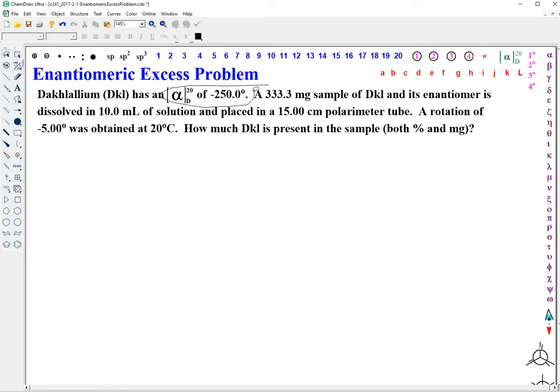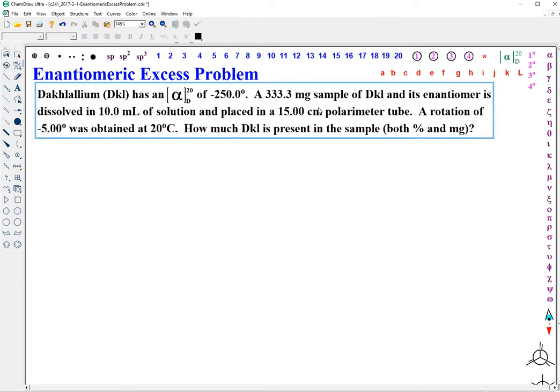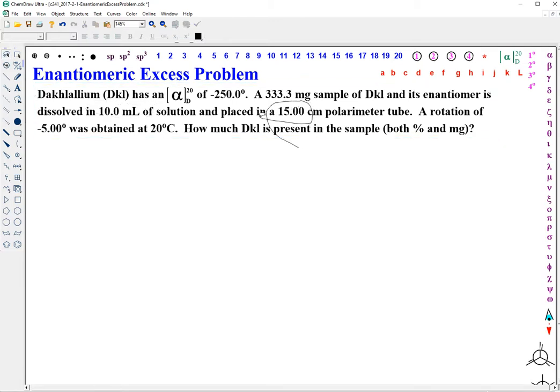In the experiment in this question, a 330 milligram sample of doclalium and its enantiomer is dissolved in 10 milliliters of solution and placed in a 15 centimeter polarimeter tube. A rotation of negative 5 degrees was obtained at 20 degrees Celsius.